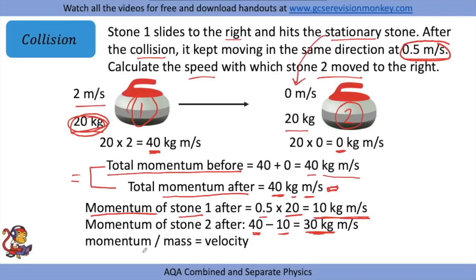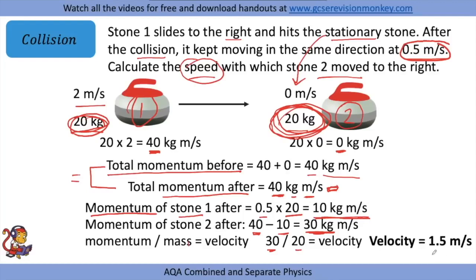So for stone 2, we can calculate the velocity with which it moves to the right, because momentum equals mass times velocity, rearranged, gives us momentum divided by mass equals velocity. So if we take the momentum of 30 divided by the mass of the stone, which is also 20, this tells us that stone 2 moved away with a velocity of 1.5 meters per second.